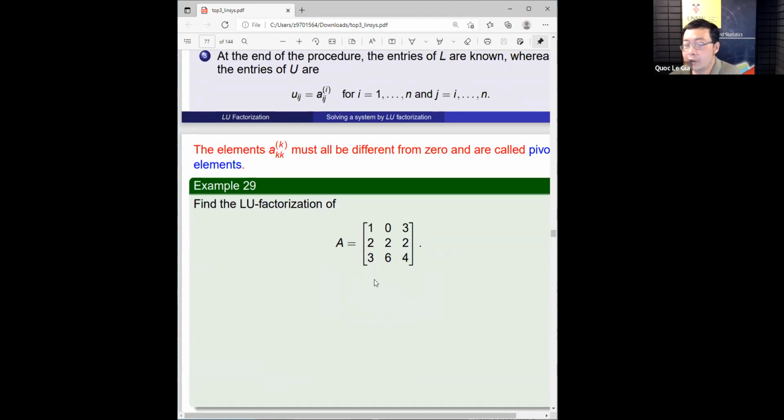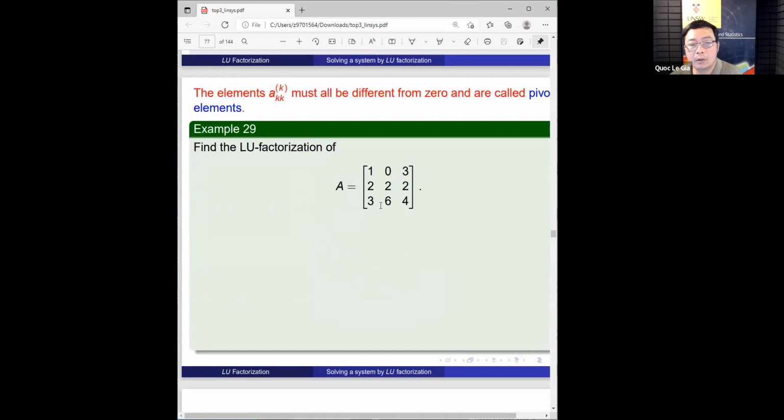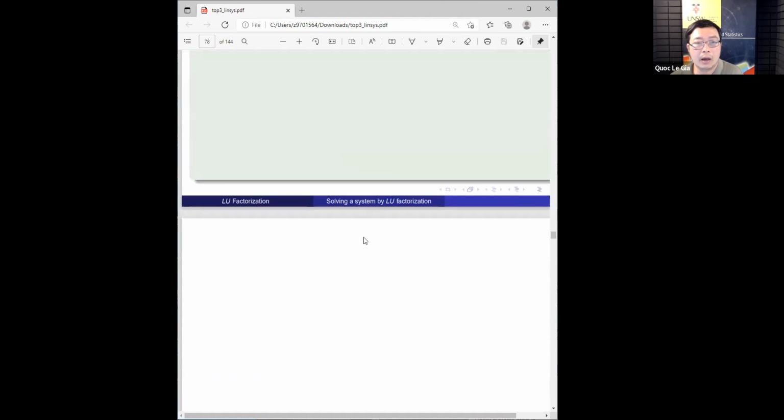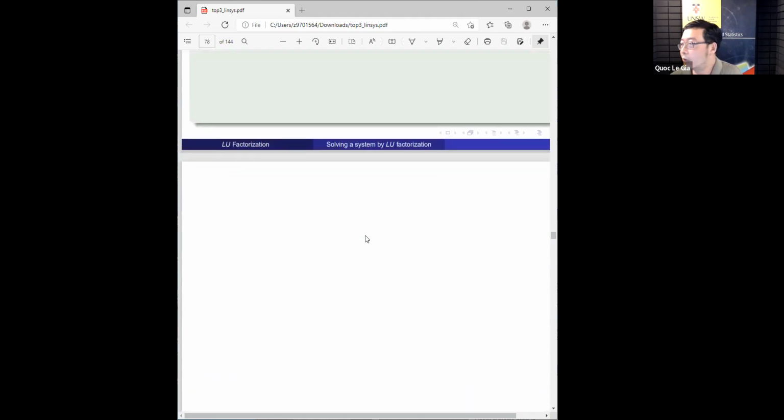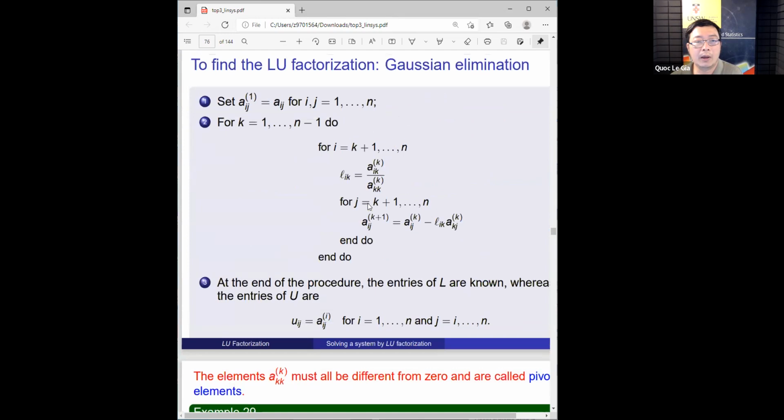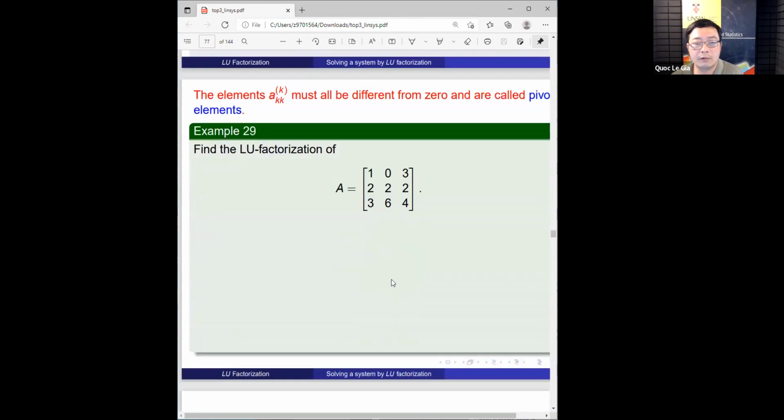If you look back at the video, you see that you do the row operations and get the upper triangular matrix, and then you collect the entries for the matrix L from looking back at the row operation factors.